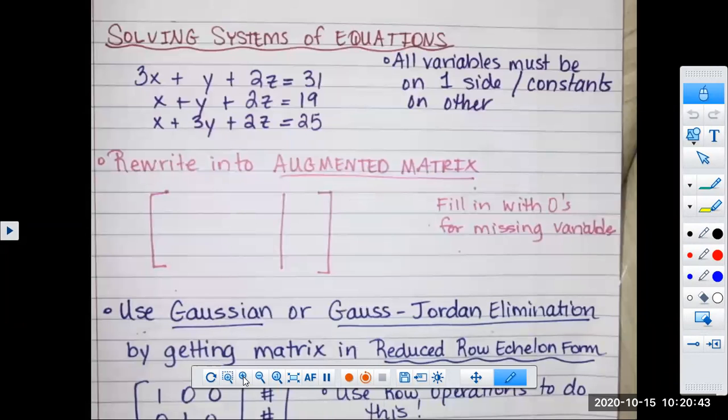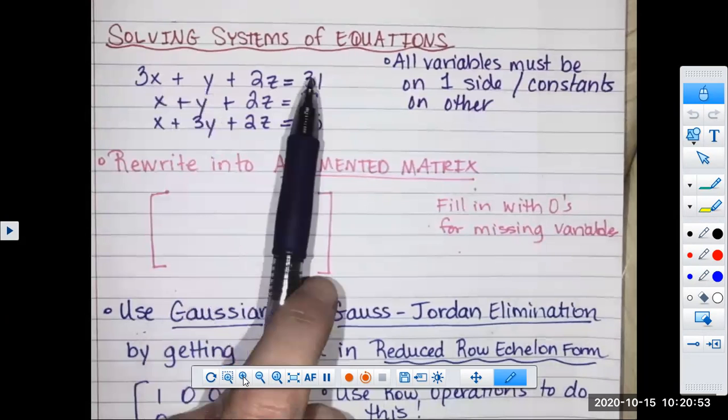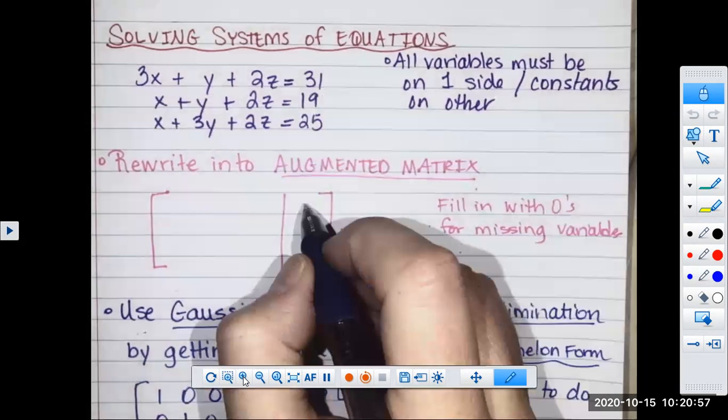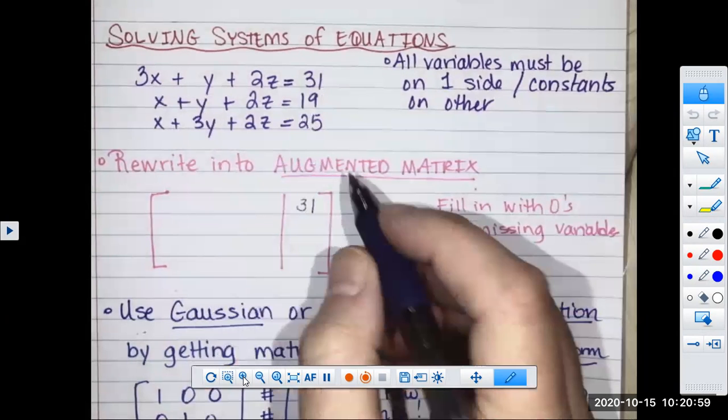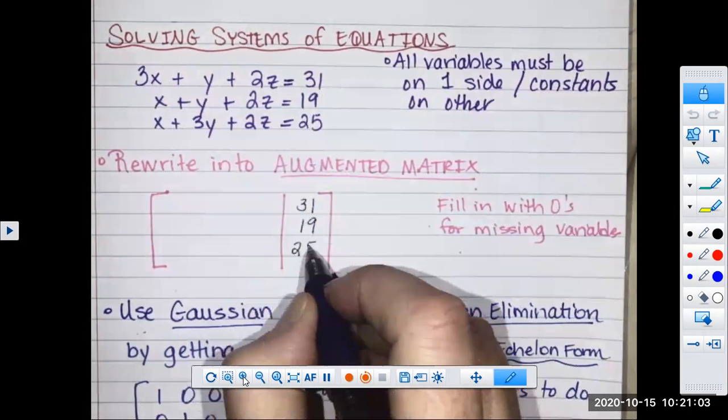The way that you do that is you simply take all of your coefficients of your variables and what your equation's equal to. What the equation's set equal to will go on the right side of that bar.